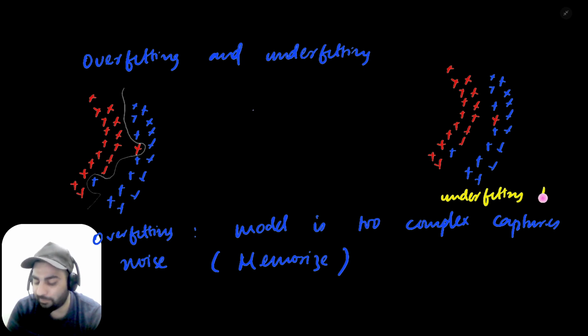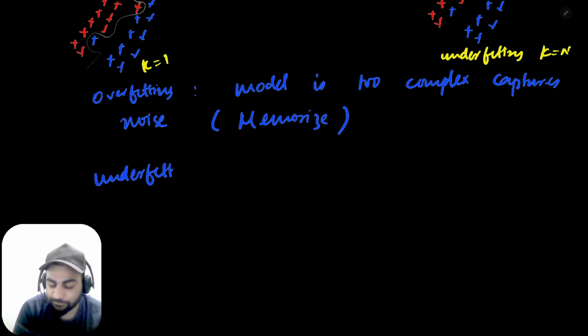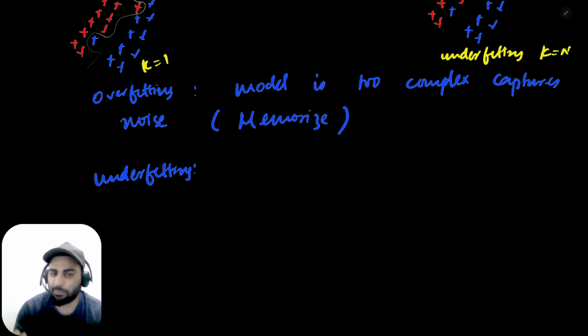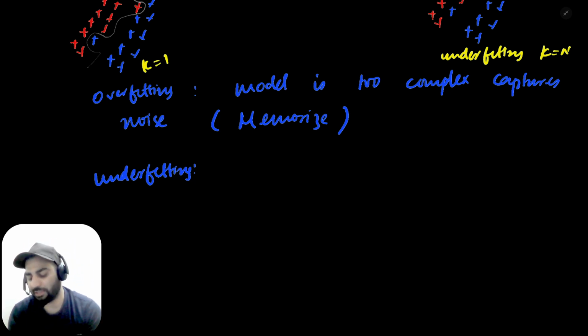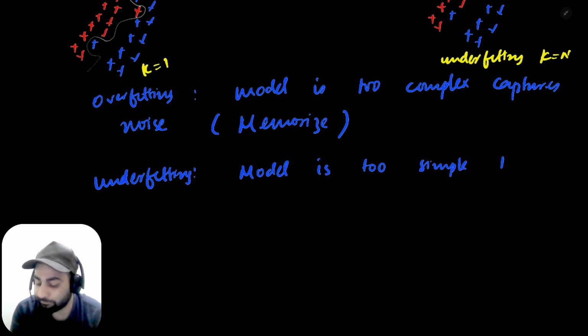So underfitting happened when k is equal to n. Overfitting happened when k is equal to 1. So what is underfitting? Let's define underfitting also so that you make notes. Underfitting means the model is too simple to capture the underlying structure, it does not capture it at all. The model is too simple to capture relationships.